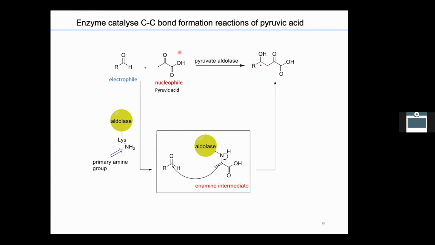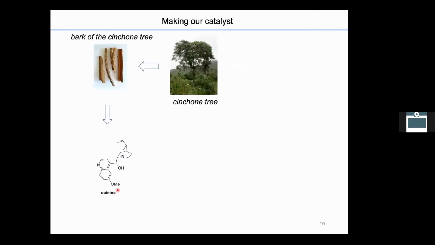And here pyruvic acid, pyruvate, is used as a nucleophile. From the mechanistic insight, we also found out that the primary amine group in a lysine of this aldolase creates an enamine intermediate. This intermediate was the key for this successful transformation. So we started thinking that maybe having this primary amine group is crucial in our catalyst. With this hypothesis, we wanted to make our own catalyst.